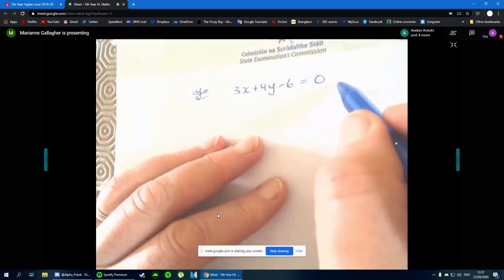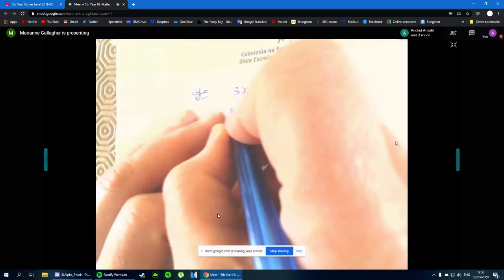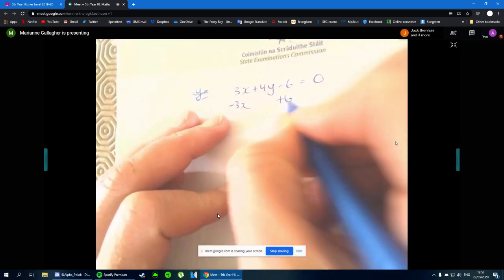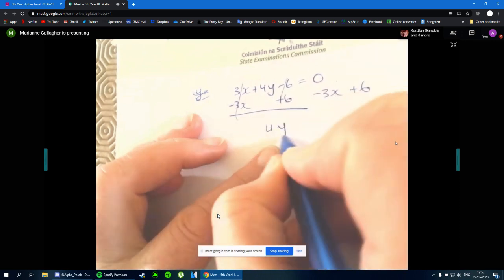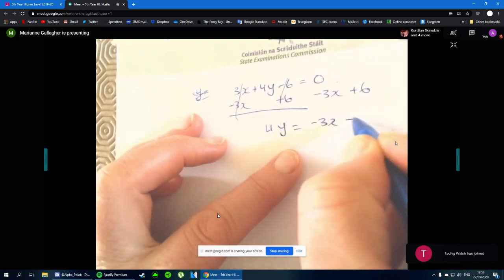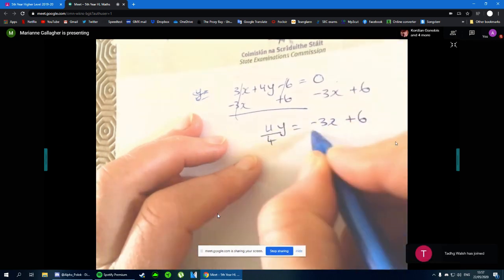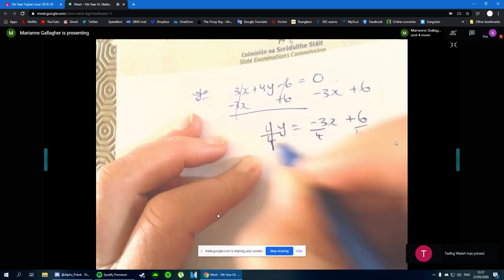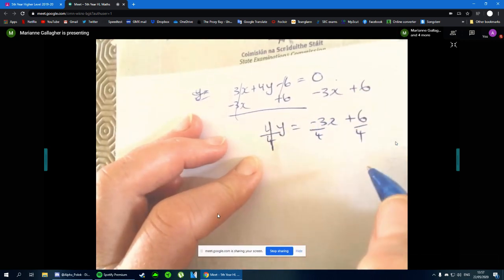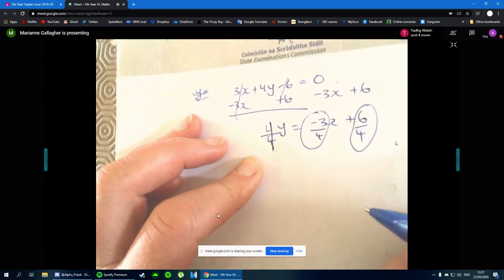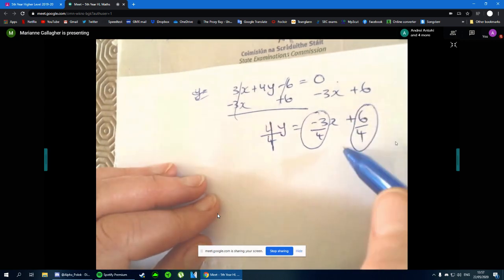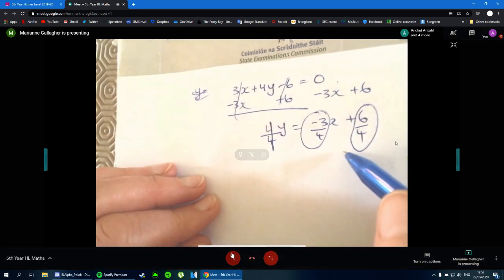To get it into slope-intercept form, you're going to move the x and the number to the other side. So you have 4y is equal to minus 3x plus 6, and then you divide by the number in front of the y. Okay, and that will cancel, and there's your equation. Okay, so you can see the slope here would be 3 over 2, and it'll cross the y-axis at 3 over 2. Okay? Everybody happy enough that they're able to do that?